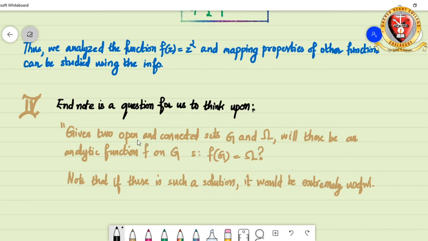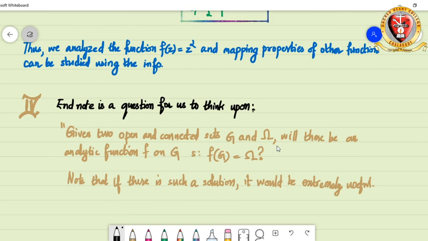Think that we are given two open and connected sets G and omega. Our question is, will there always exist an analytic function f with domain G such that f of G is equal to omega? This is an interesting question, and if there is a solution, we can have it as we move on.